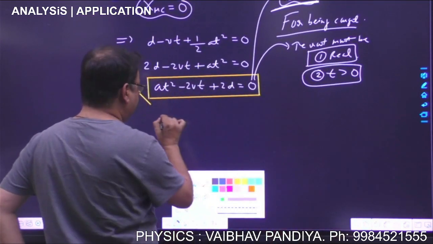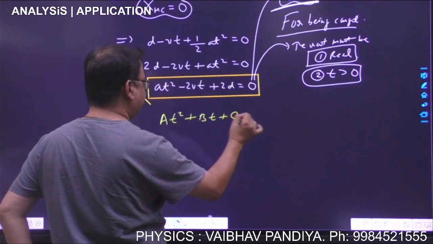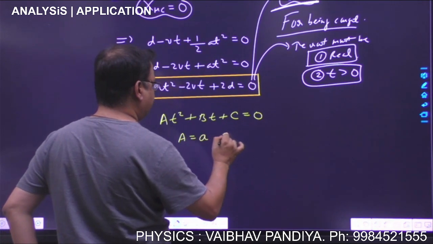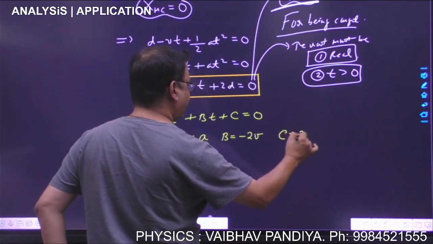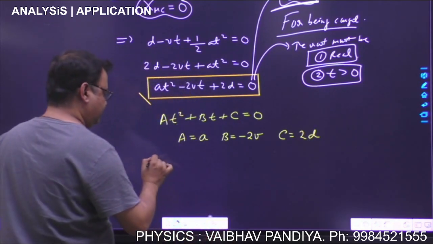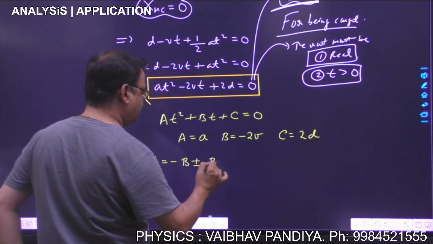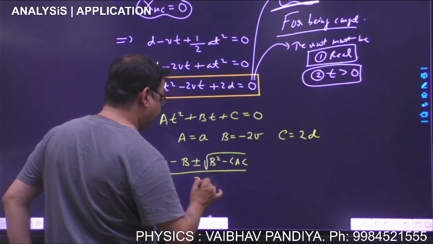If you compare it with the standard quadratic form, at square plus bt plus c equal to 0, I'm getting the value of a as a, I'm getting the value of b as minus 2v, I'm getting the value of c as 2d. So I will get t as minus b plus minus root of b square minus 4ac, by twice of a.